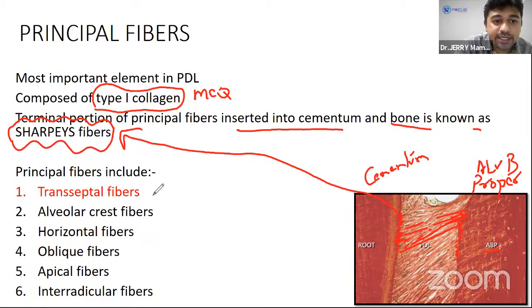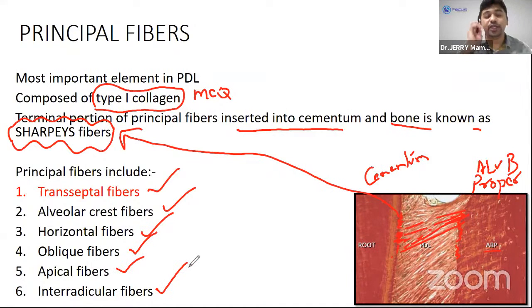They are the transeptal fibers, alveolar crest fibers, horizontal fibers, oblique fibers, apical fibers, and interradicular fibers. These are the 6 groups of principal fibers. This you have to learn by heart.